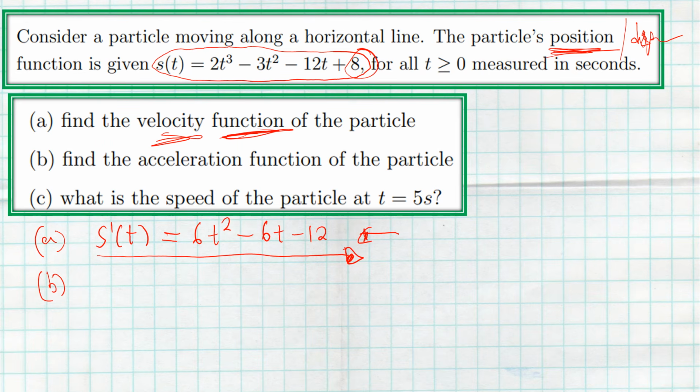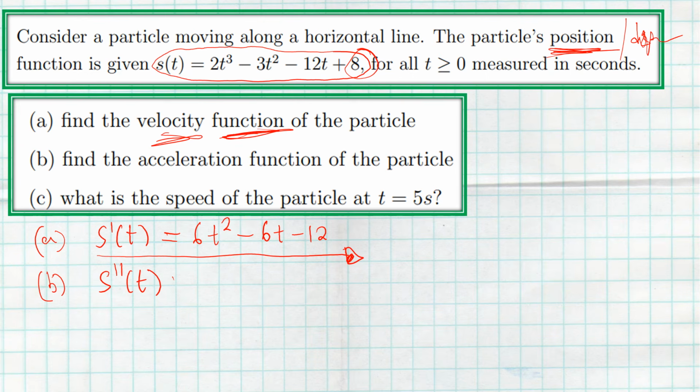We derivate again the velocity function or equation in order for us to get the what? The acceleration function. And why is that the case? Because we know acceleration is the rate of change in velocity, and the rate of change is actually the derivative of the velocity. That's how we get the rate of change, right? So now we are going to derivate again our velocity in order to get what? Acceleration.